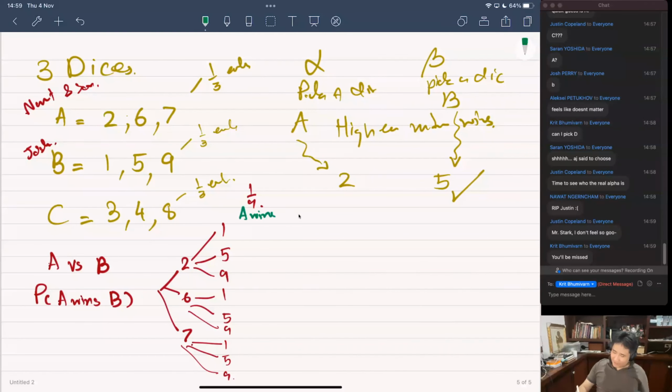A wins, right? Then you compare this number against this number. If it's greater, A wins. Yes, no, no, yes, yes, no, and yes, yes, no. So what's the probability that A wins against B?